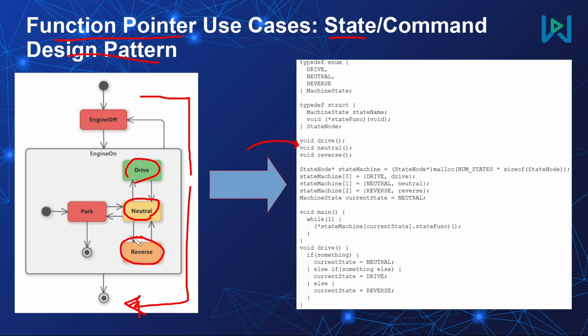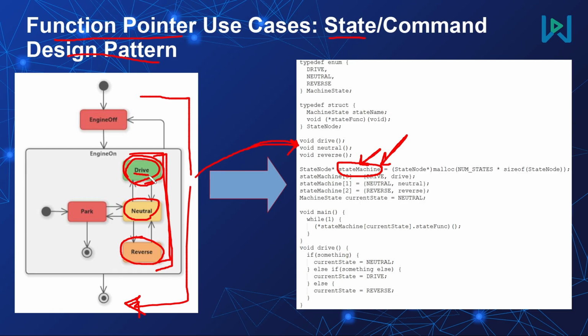Once we're able to modelize the full real use case using a fully featured state machine, we can move on to the implementation using our C language programming. The easiest way to implement this state machine will be via these nodes that consist of function pointers. So this node is just a representation of the different states of our state machine.